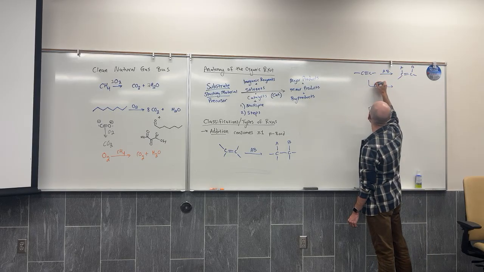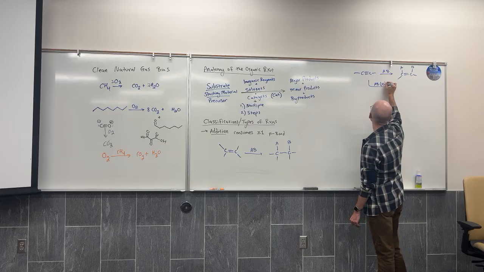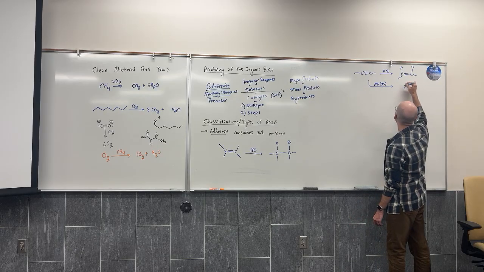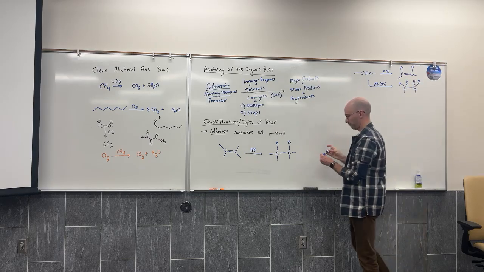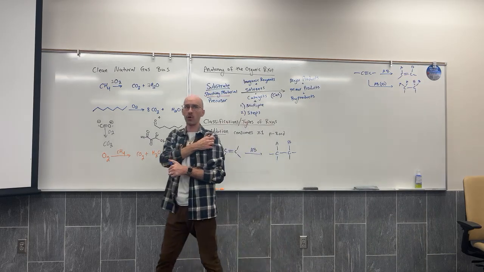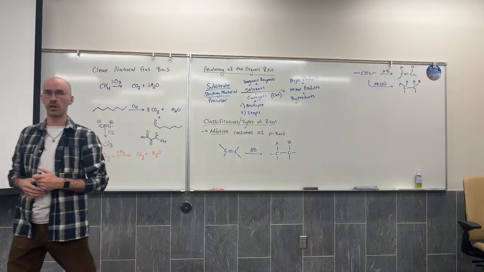In another case, the alkyne might have both equivalents of its pi bond consumed, but only if you add extra small AB.